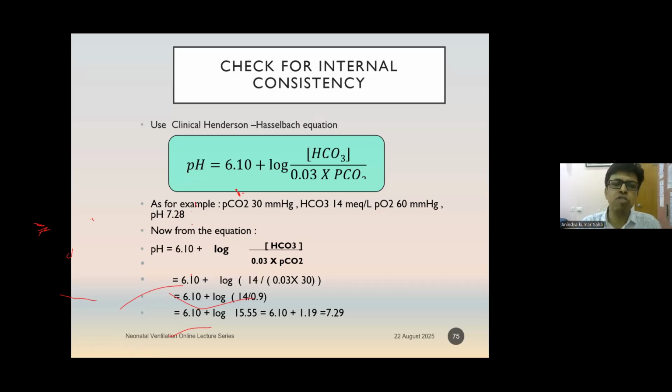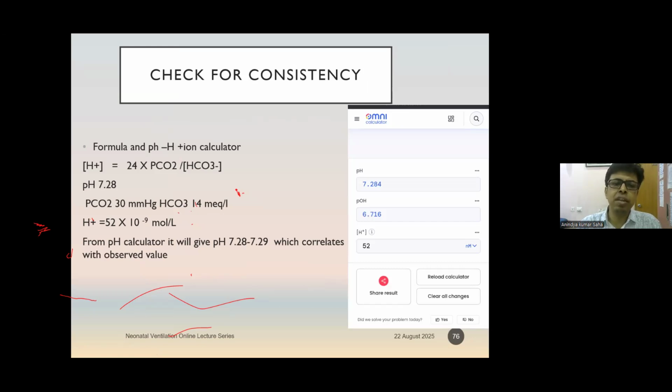Again, we can cross-verify with another calculator by calculating the number of H plus ions from PCO2 and bicarbonate. With PCO2 of 30 millimeters of mercury and bicarbonate of 14, this gives an H plus concentration of about 52 times 10 to the power minus 9 mole per liter.